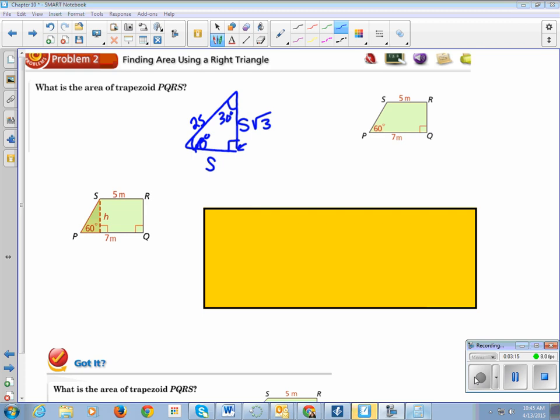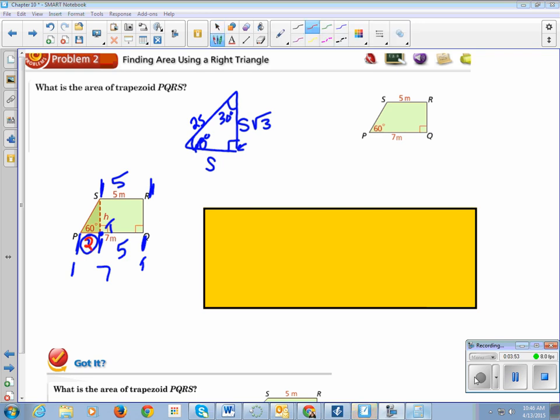So if this distance from here to here is 5, and this distance from here to here is 7, what is this guy right here? What is the distance from P to T? The whole thing is 7. 5 is this little section. This little distance has to be 2.